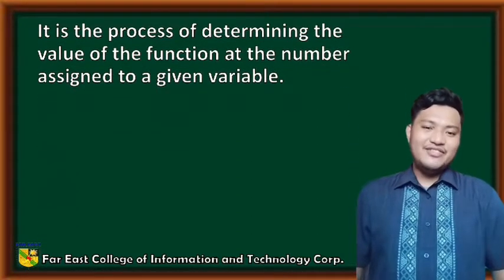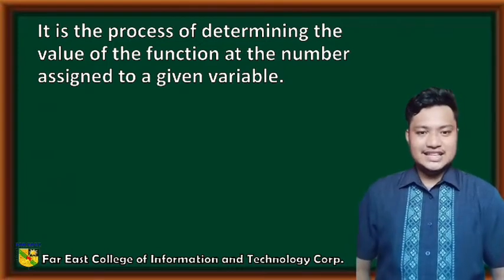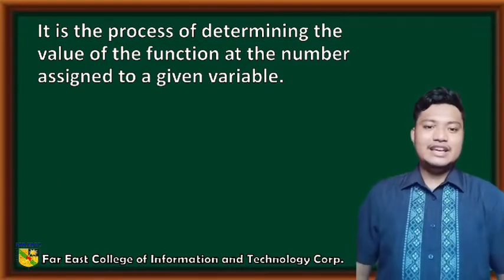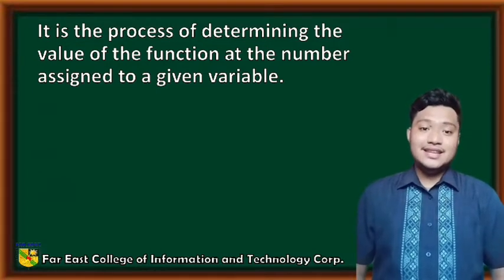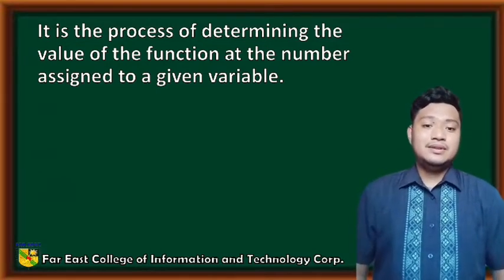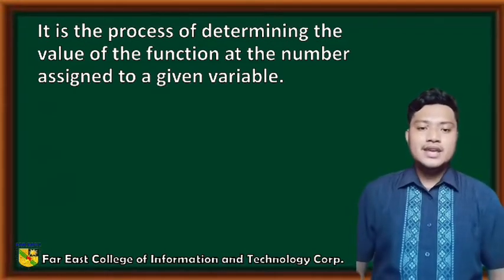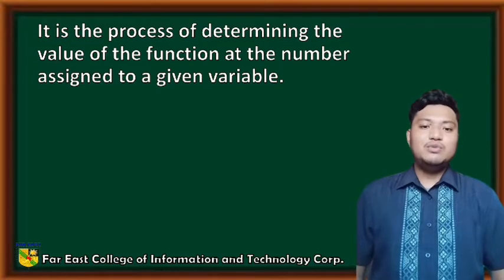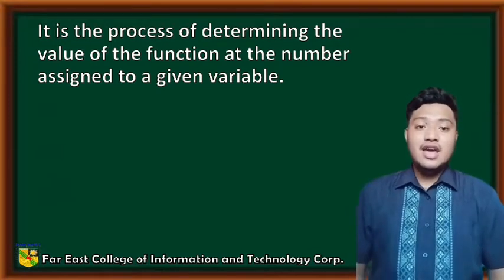It is a process of determining the value of the function at the number assigned to the given variable. We evaluate the function applying the law of substitution. In the law of substitution, we substitute the value of x to the given equation.